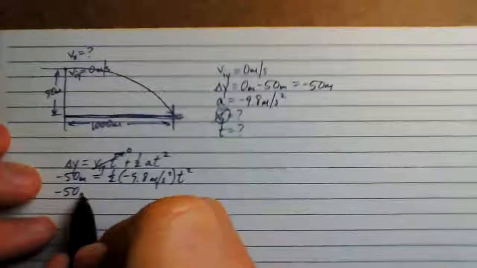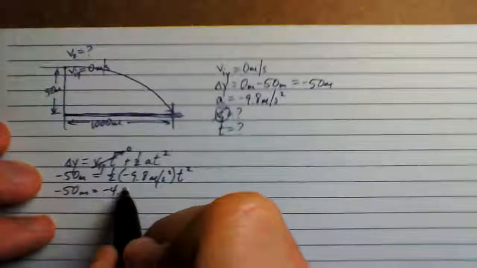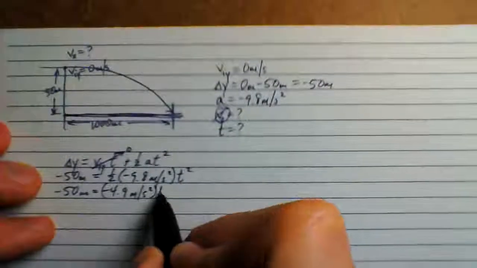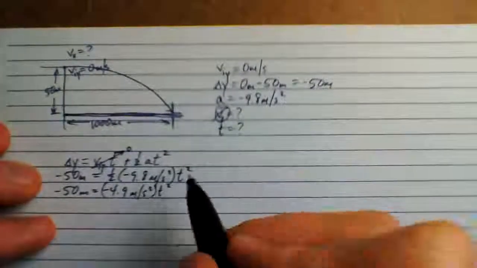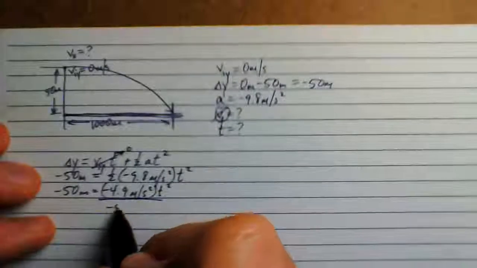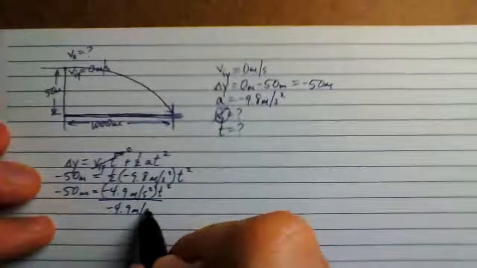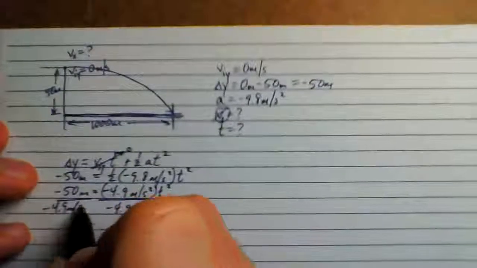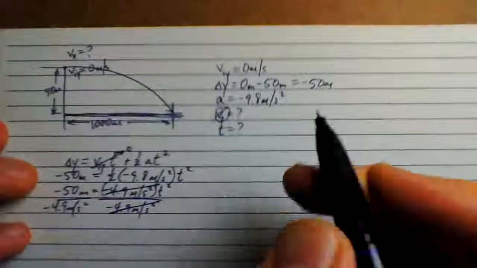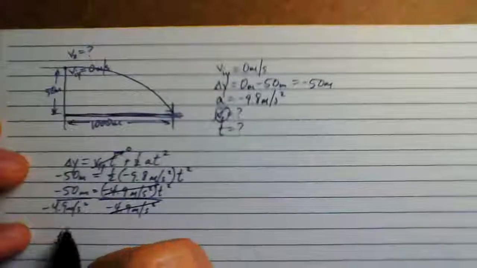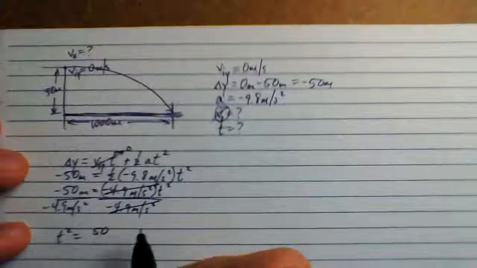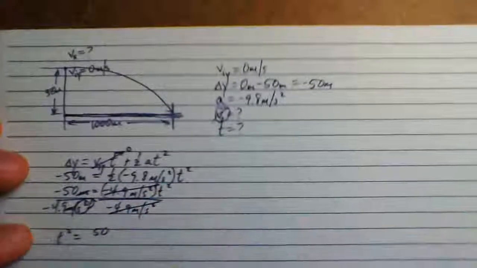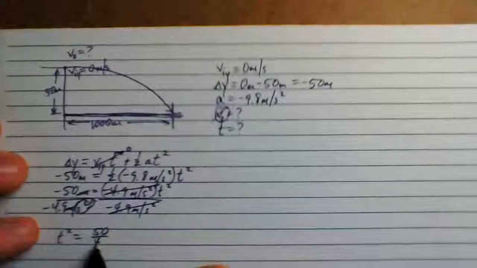So negative 50 meters equals negative 4.9 meters per second squared times t squared. I'm going to divide both sides by negative 4.9 meters per second squared. It's going to cancel out on the right side, and that leaves me with t squared equals 50. My meters are going to cancel out, and my seconds squared is going to move up to the top. So it's going to be 50 over 4.9.